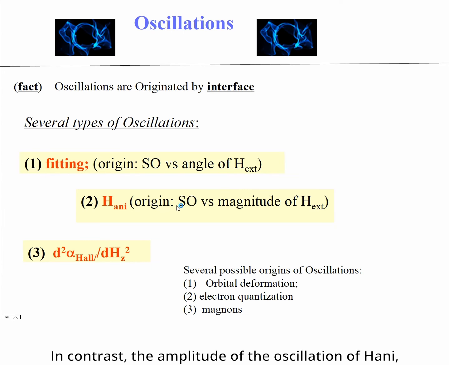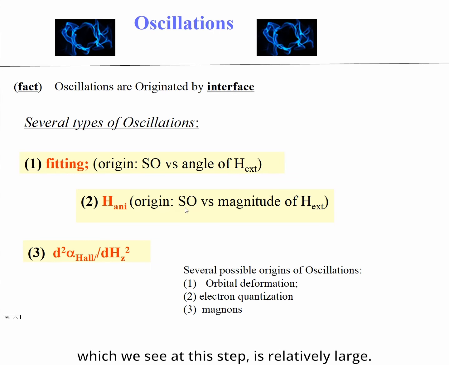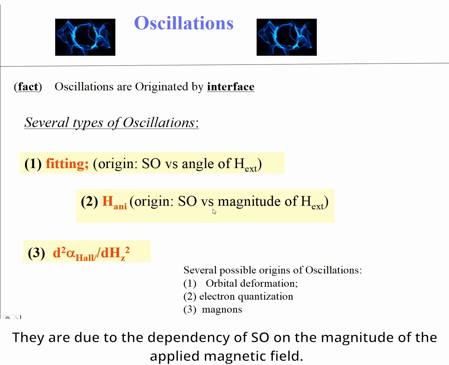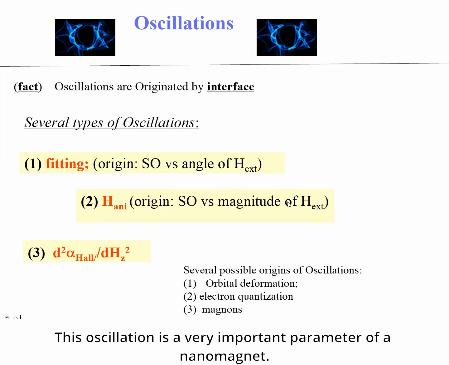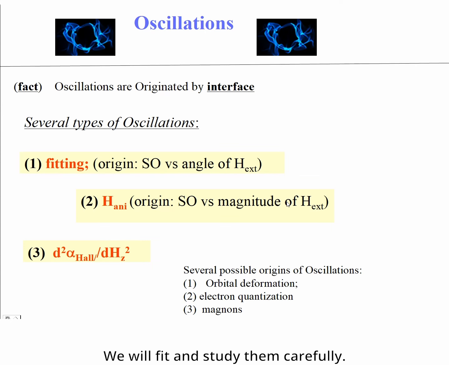In contrast, the amplitude of oscillation of anisotropy field, which we see at this step, is relatively large. They are due to the dependency of spin-orbit interaction on the magnitude of the applied magnetic field. This oscillation is a very important parameter of a nanomagnet. We will fit and study them carefully.